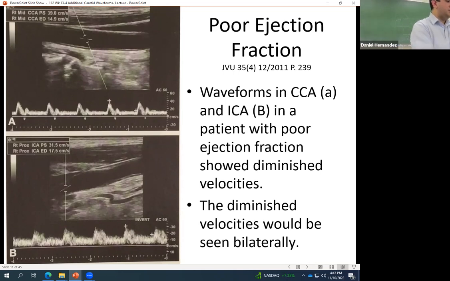So we know again, patients that have poor ejection fractions, we're going to see diminished velocities, and those diminished velocities should be seen bilaterally again. So poor EF, low output, we should see low velocities seen bilaterally.